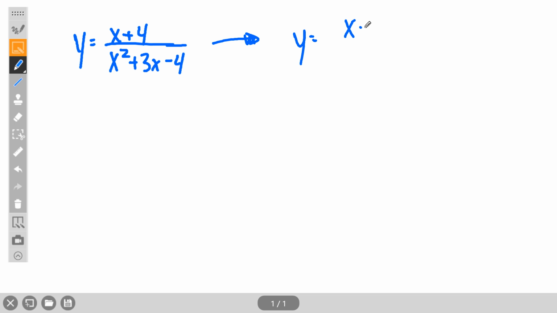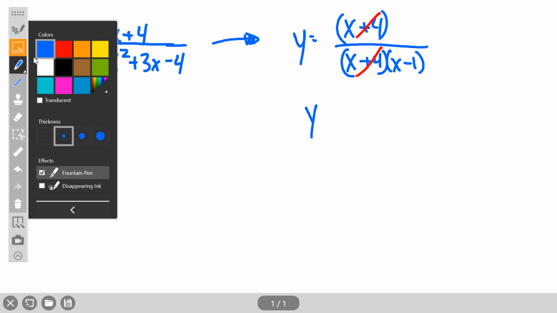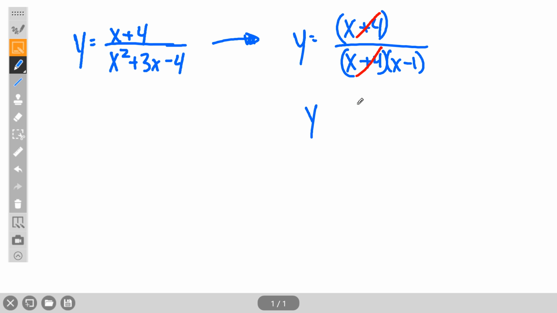So we got x plus 4 over x plus 4 and x minus 1. Our x plus 4 cancel. So we got y is equal to 1 over x minus 1. And there's a hole at negative 4, okay, where x is equal to negative 4.